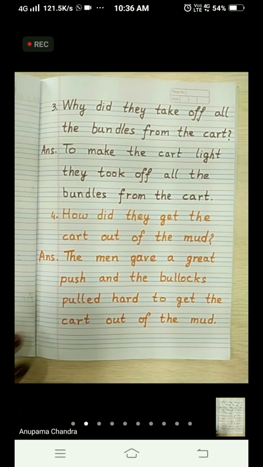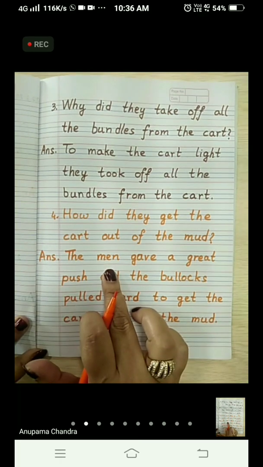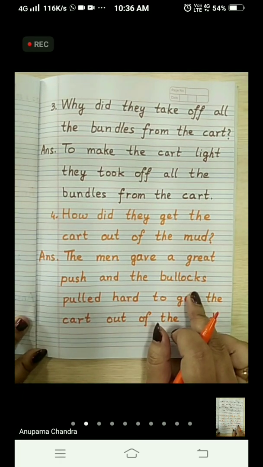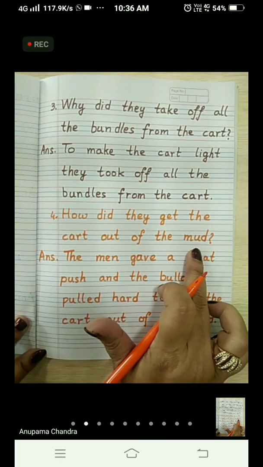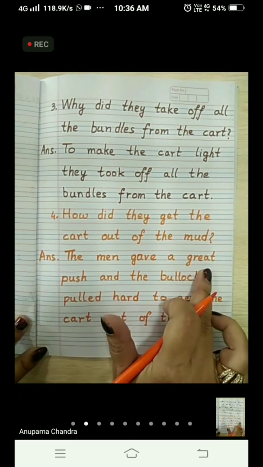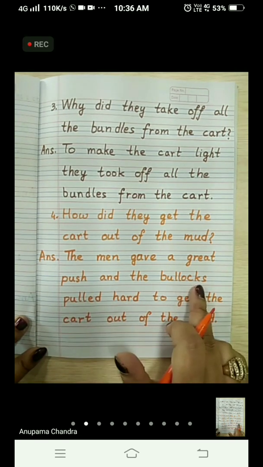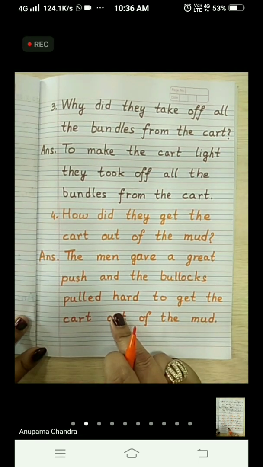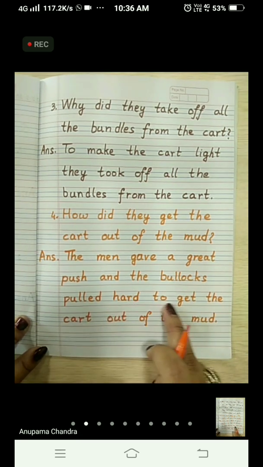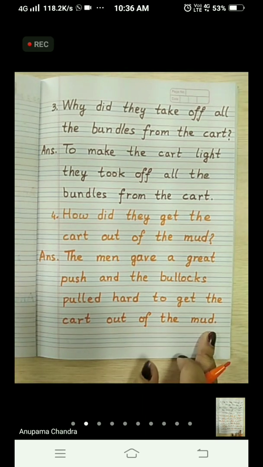Okay, children? So we have written both the things, what the men did and what the bullocks did to take the cart out of the mud. The men gave a great push from the back side of the cart, and the bullocks pulled hard from the front. Let's repeat it.